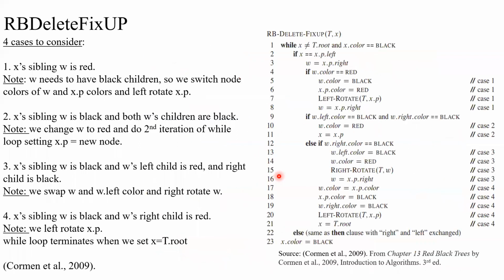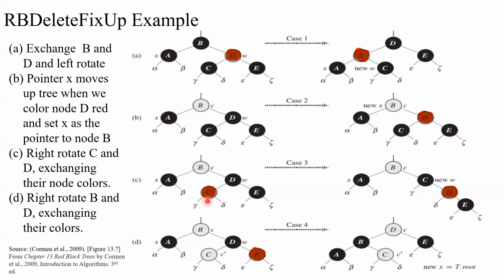Case 3, if you can remember, X's sibling W is black and W's left child is red and its right child is black. So W's left child is C. Its right child is black, which is E. X is over here. X's sibling is W, which is D. And we again have this B, which can be either red or black.